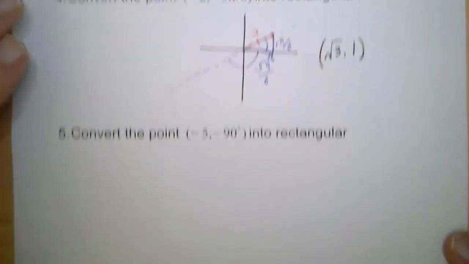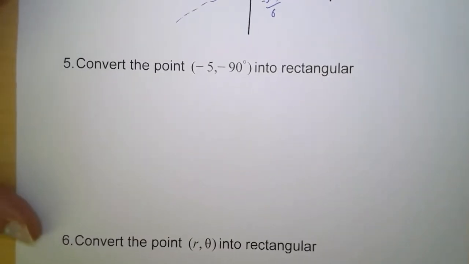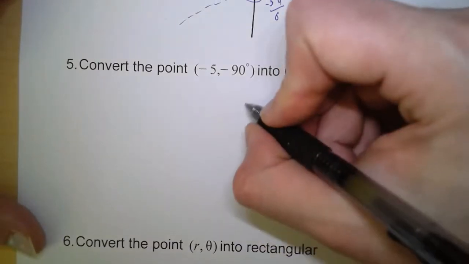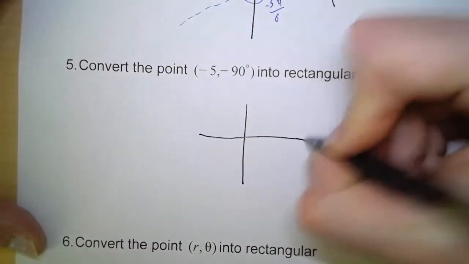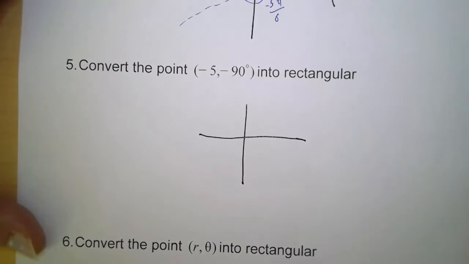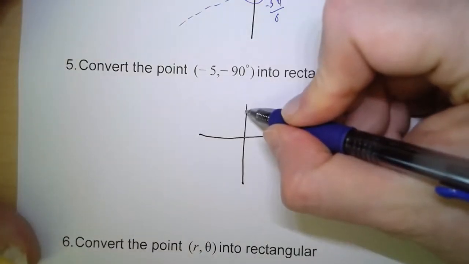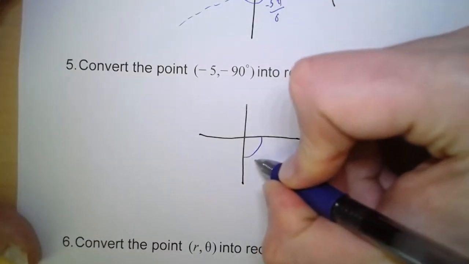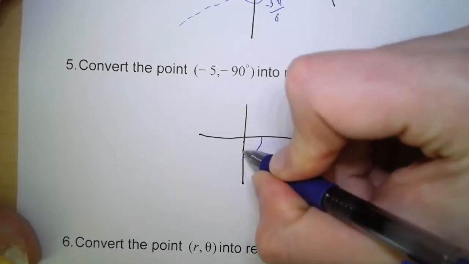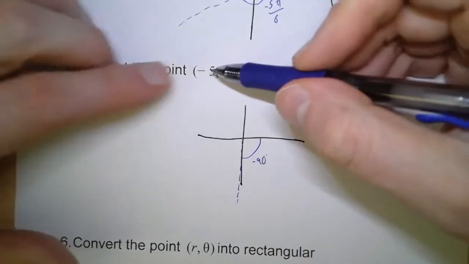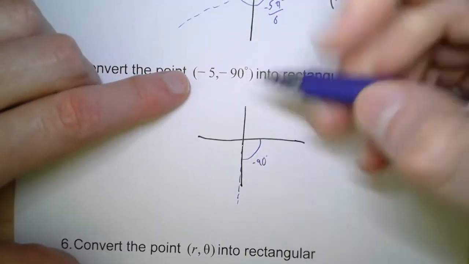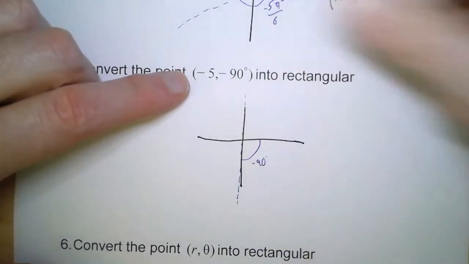Now for number 5, here we've got -5, comma, -90. So positive 90 degrees is up here, but negative 90 degrees is down here. But instead of going 5 units this way, we're going to be going 5 units in the opposite direction.